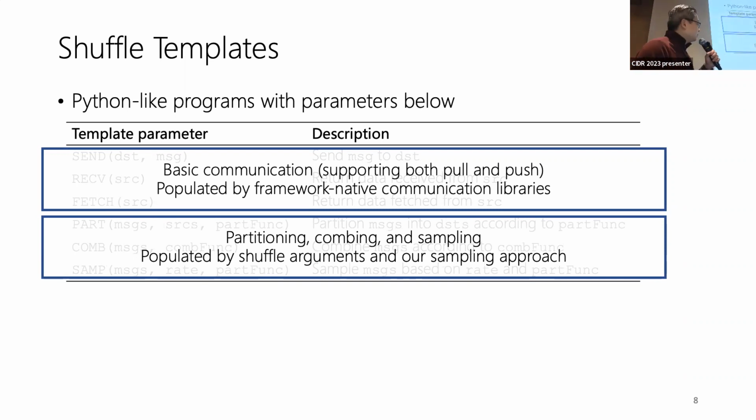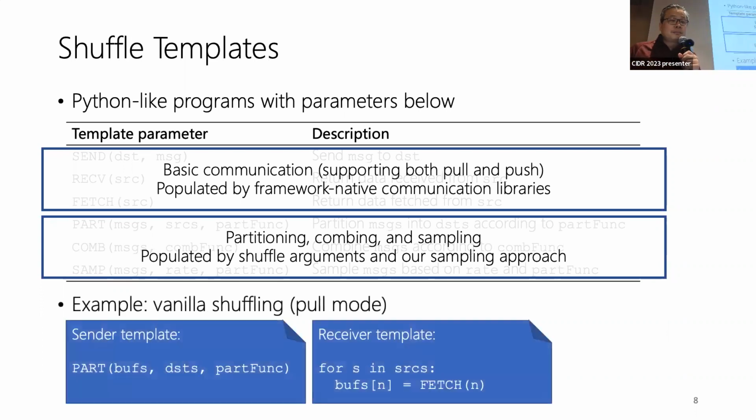In this case, these will be populated or given as input using the shuffle arguments, and also tuned based on our runtime sampling approach. Here's a really simple example of how one would implement a pull-based vanilla shuffle, where on the sender side, you would partition the data into buffers based on the partition function. And then on the receiver side, you would fetch from these buffers.